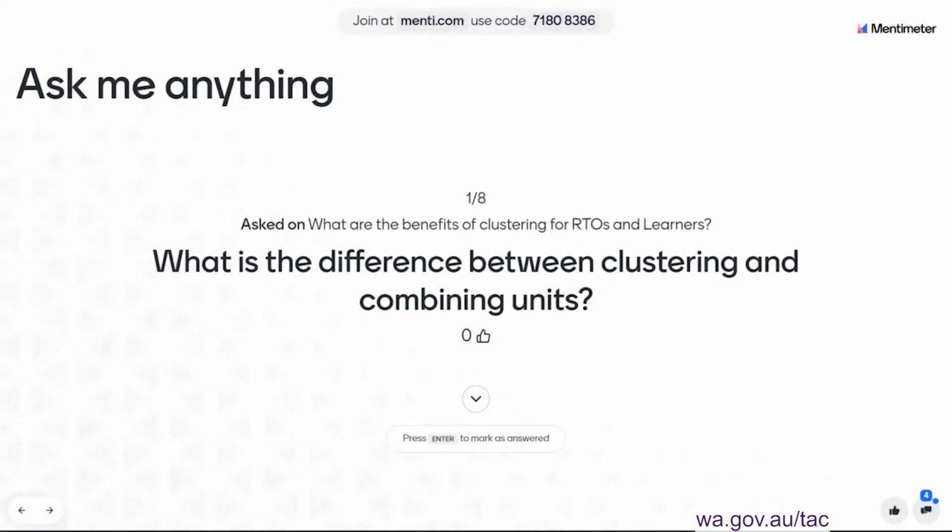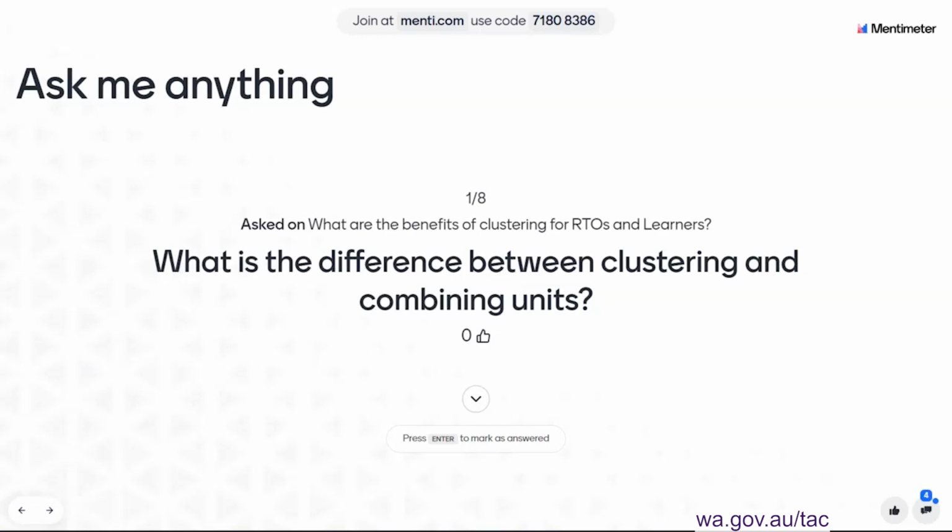Another good question. I'm going to have to make an assumption about what you mean by combining units. Sometimes RTOs will put units of competency together. They're not clustered; they're still taught as individual units and assessed as individual units, but they just sit in a stream.